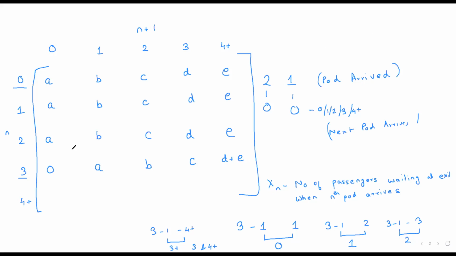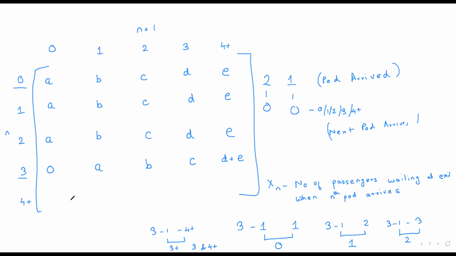Now coming to 4 plus. Now again try to understand how it's going to work. For 4 plus, a pod arrives, it sees that 4 plus passengers are there. Immediately a taxi will be summoned, and all of them, 4, 5, 600,000, however many there are, doesn't matter, all of them would be taken away.